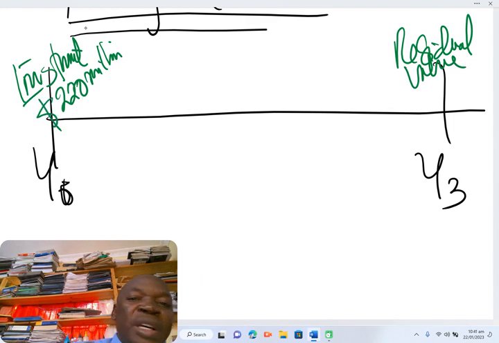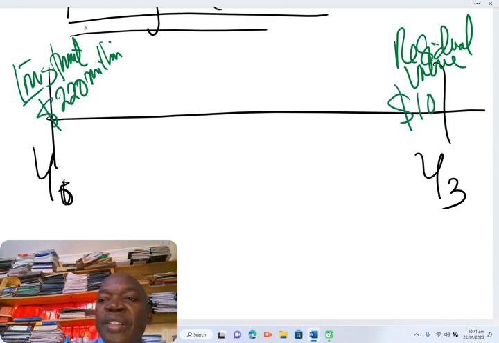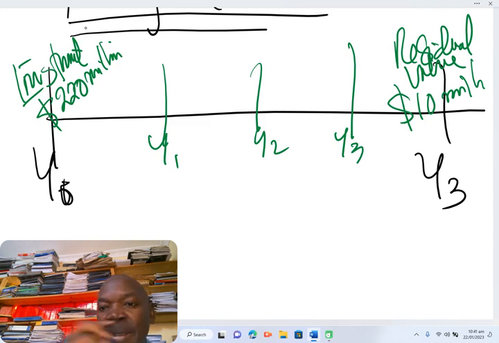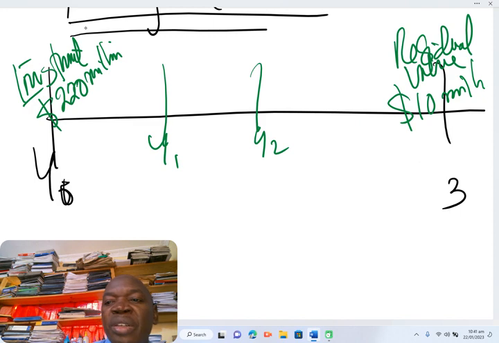These are dollars, so $10 million. Then year 1, year 2, and year 3. There are some cases here.